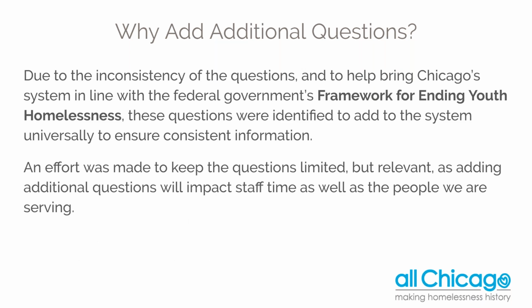And so due to the inconsistency of these questions, and so that we can also be brought more in line with the framework for ending youth homelessness, we're identifying these questions and adding them to ensure consistent information throughout multiple projects.